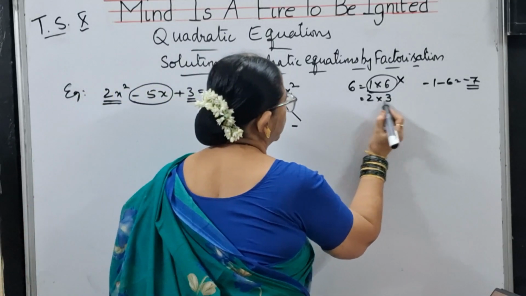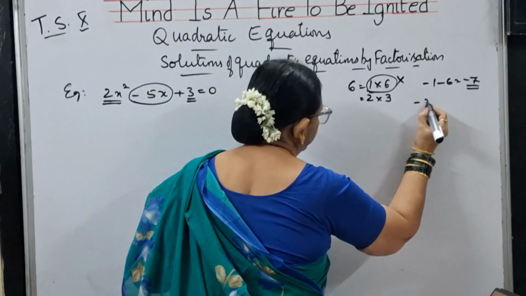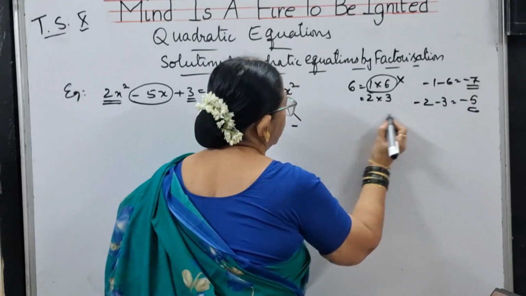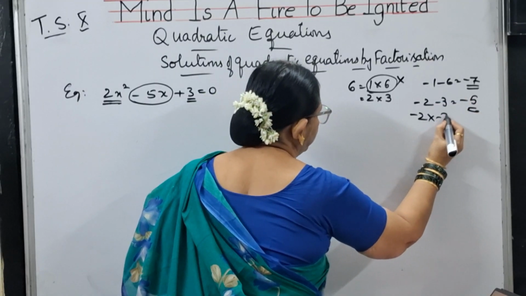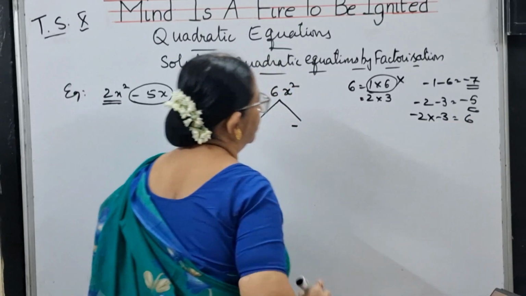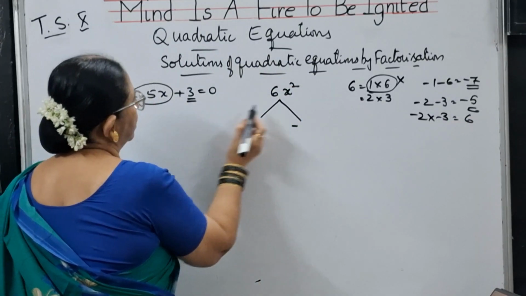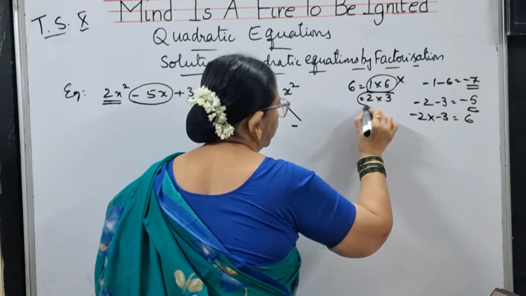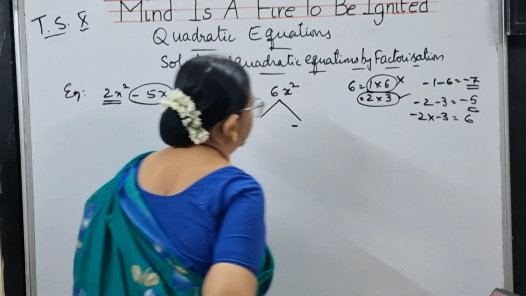Now, when you take 2 and 3, minus 2 minus 3 is minus 5. Minus 2 into minus 3 is plus 6. So, minus 5 we are getting, 6 we are getting. So, this is the factor that we can take with minus sign.